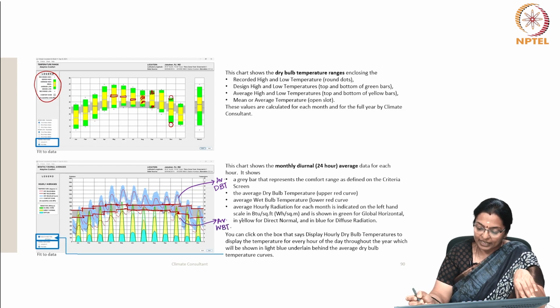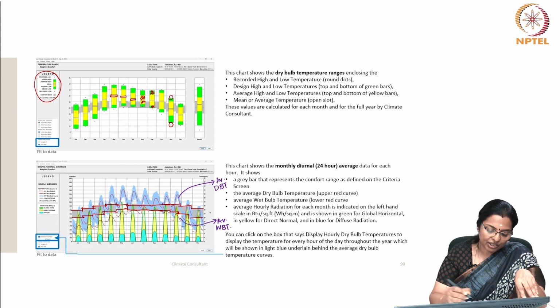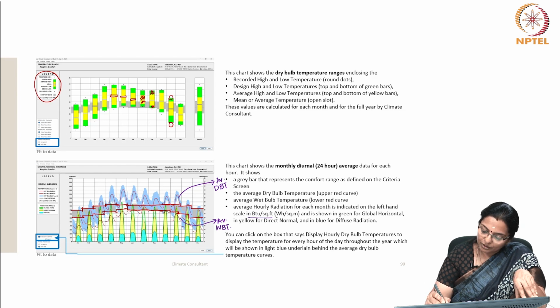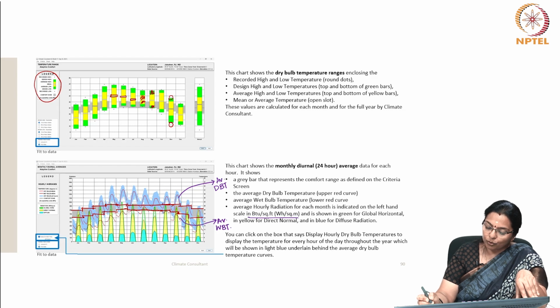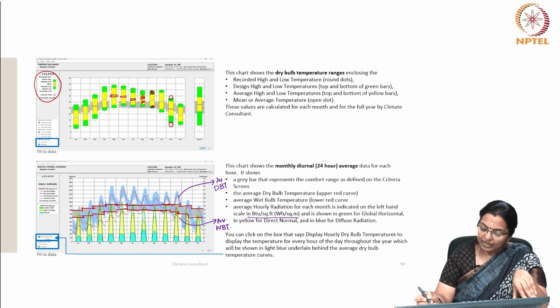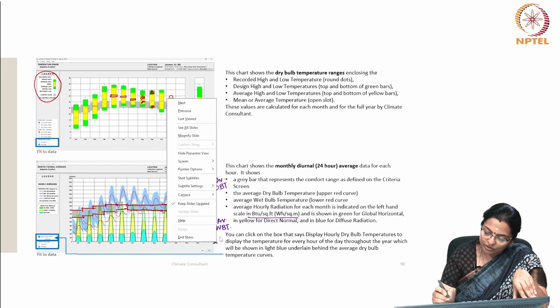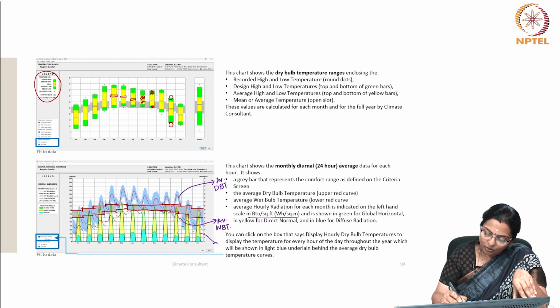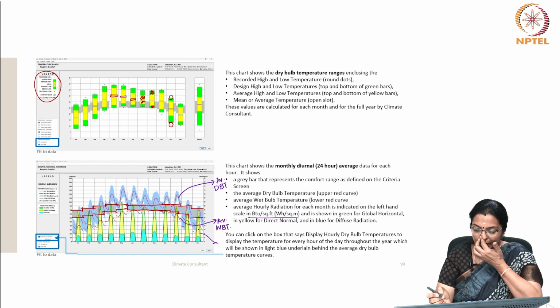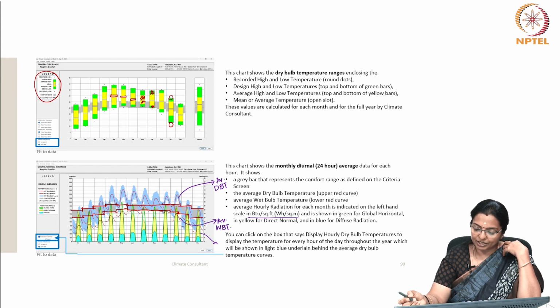Annual hourly radiation for each month is indicated on the left hand scale, and you can change the unit, and it is shown in green for global horizontal, in yellow for direct normal, and in blue for diffuse radiation.